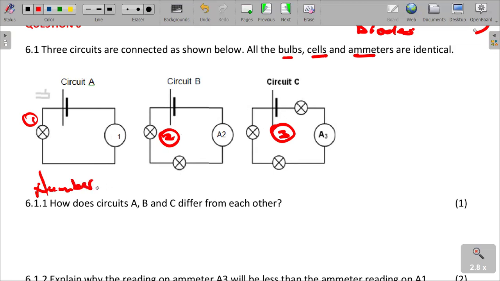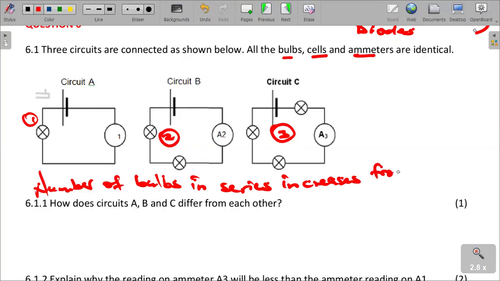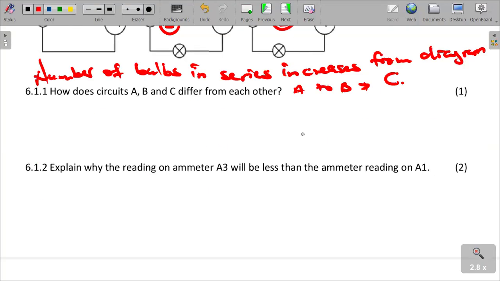You need to be very observant. The number of bulbs in series is increasing. Therefore, that is the difference that we can see there.